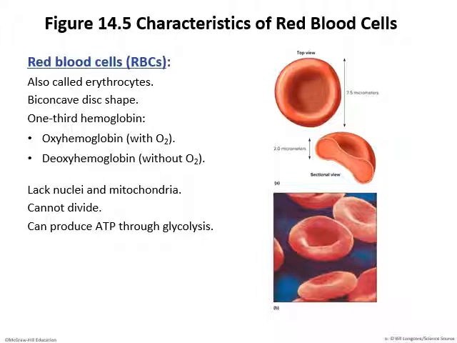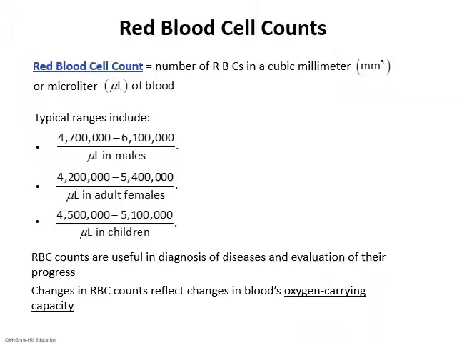If that hemoglobin has an oxygen attached, it's known as oxyhemoglobin. If it doesn't have an oxygen attached, it's known as deoxyhemoglobin. Red blood cells lack a nuclei and mitochondria, meaning they can't divide, they can't produce large amounts of energy, so whatever energy in the form of ATP that they do need, they create through glycolysis or the splitting of glucose.